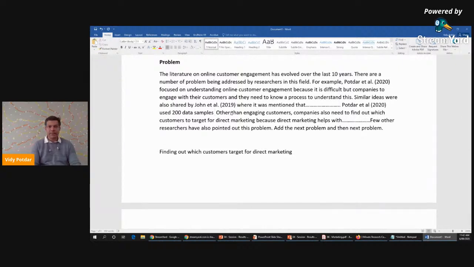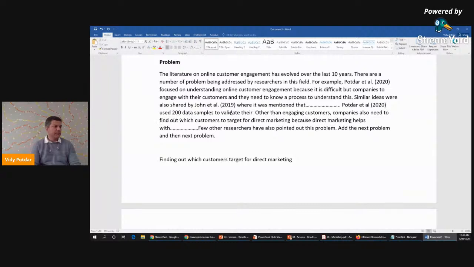They use 200 data samples to validate their model, in comparison to John 19, which only used say 25 or 100, for example, or 100 data samples.